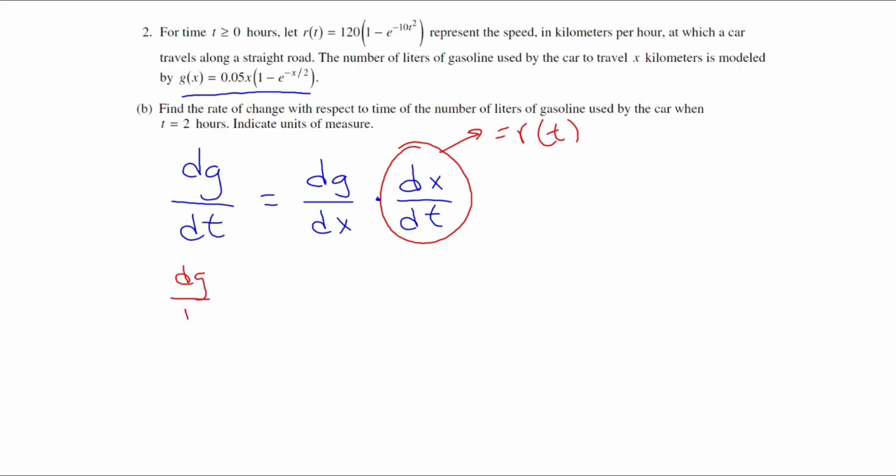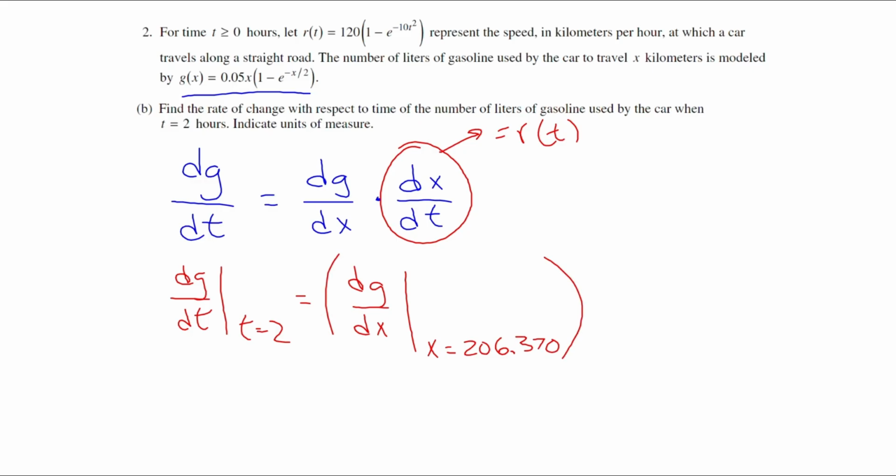So dg dt at t equals 2 should be dg dx, right? When t is 2, we already figured out in part A that the number of kilometers at t equals 2 was 206.370. And then we're going to multiply that by dx dt at 2, which is just r of t at 2, which is just r of 2.